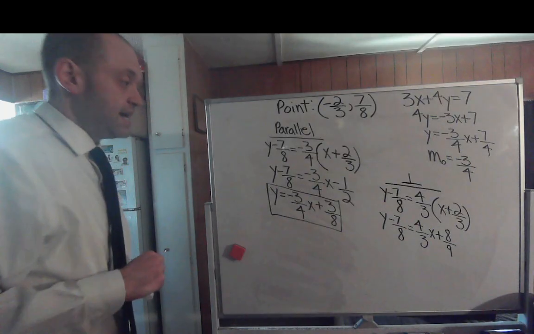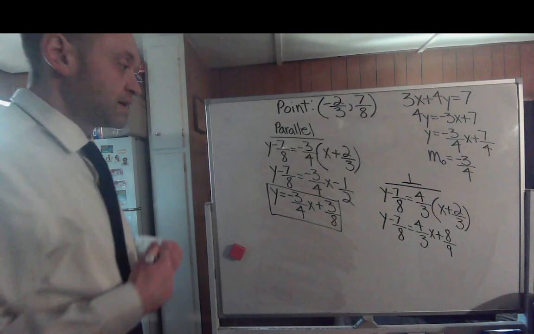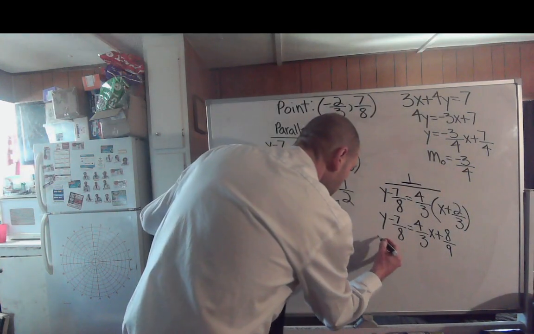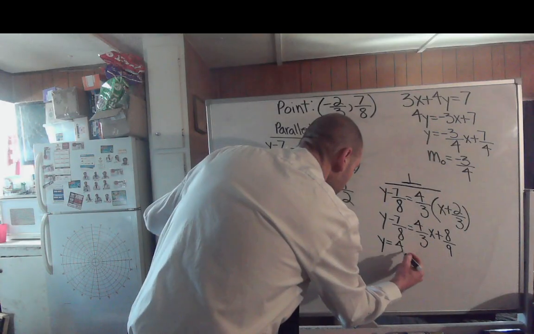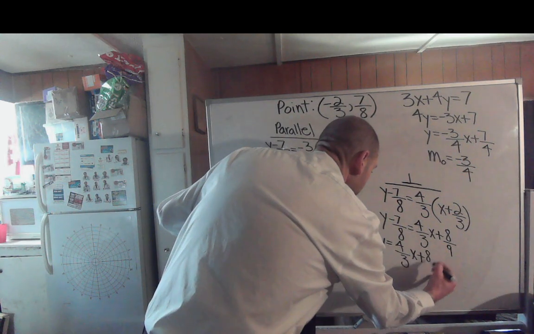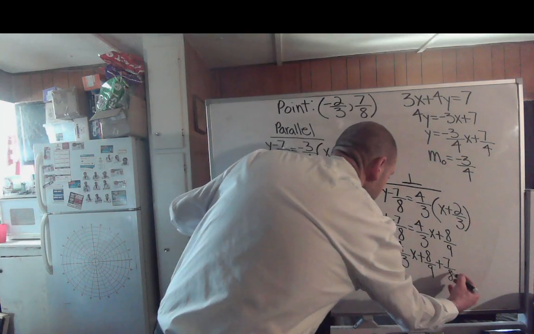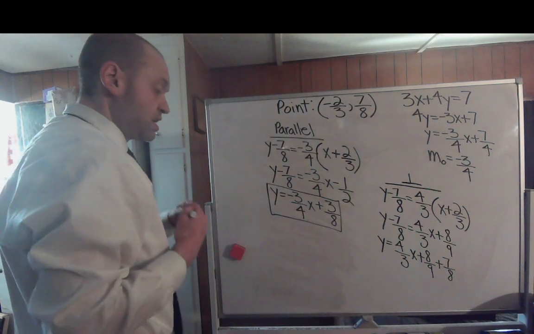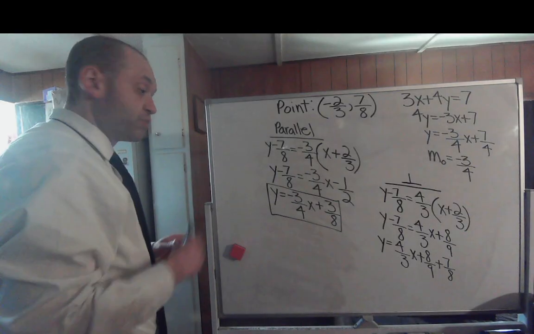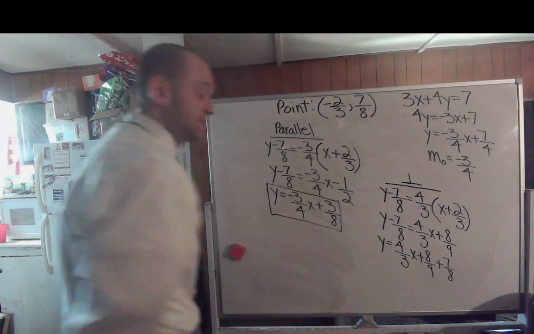We need to add the 7/8 and 8/9. So this will become y equals 4/3 x plus 8/9 plus 7/8. Pretty sure the only common denominator between 9 and 8 is going to be 72.